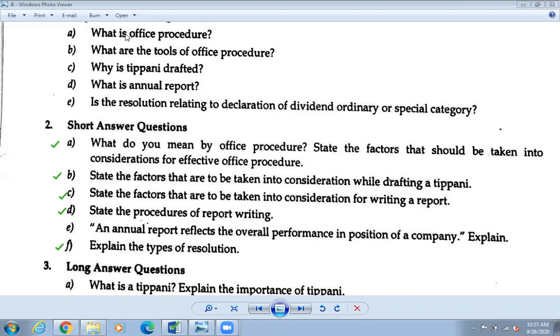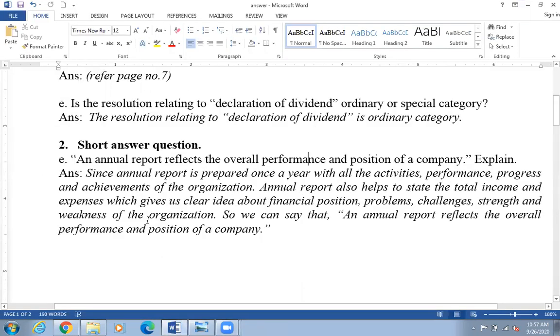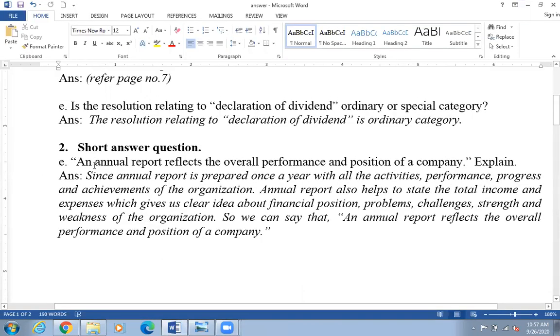Let me clear this first. I hope you are also taking the answers you have already done. Now let me go to the answer, number E. Let me read out the question for you all: an annual report reflects the overall performance and the position of the company. What does it mean?